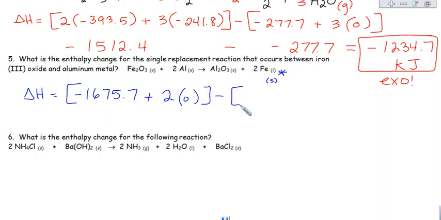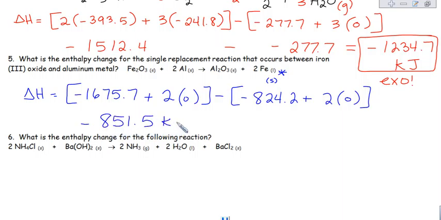Minus reactants, iron oxide, negative 824.2, plus 2 times aluminum solid, 0. Okay, this one's not too bad. Negative 1675.7, and then be careful, minus negative 824.2. Exothermic, negative 851.5 kilojoules.